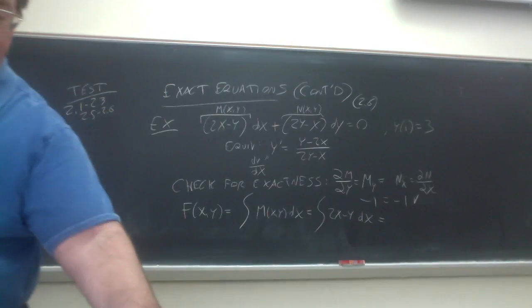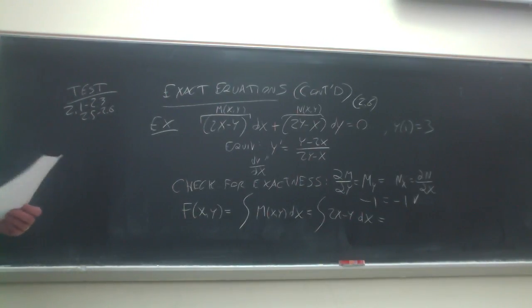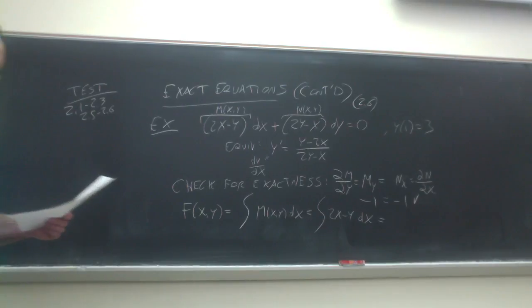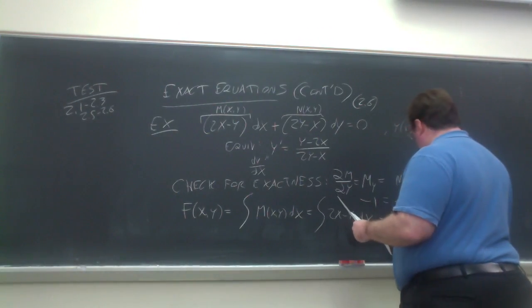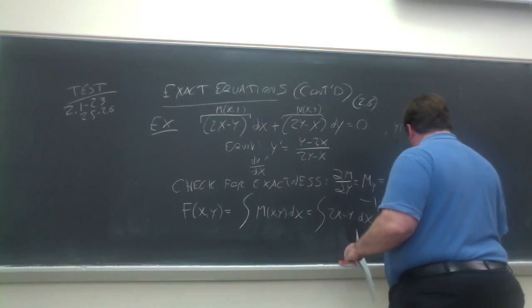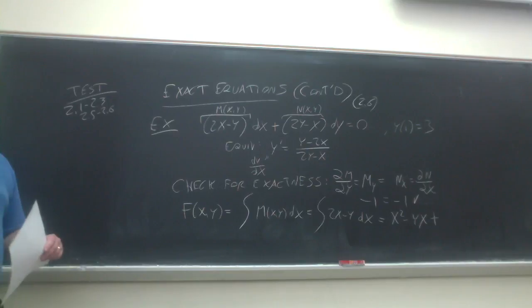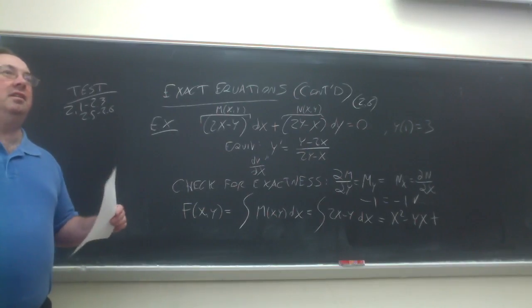Okay. And what do we have for that? x squared minus yx. Yeah. Okay. Plus what? Plus c. Not c. No. What? C of x. Yeah, a function of y.